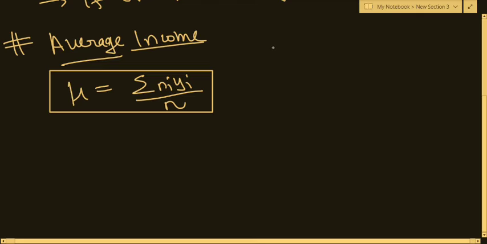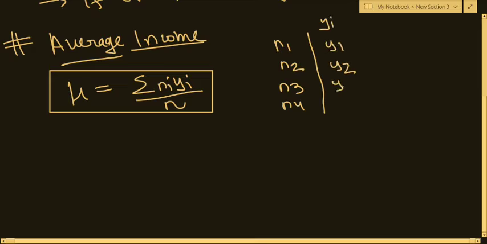So we would have an income distribution, let us say n1, n2, n3, n4, and so on, and income levels y1, y2, y3, y4, and so on. We just multiply them up and add them, and we divide by the total number of observations.